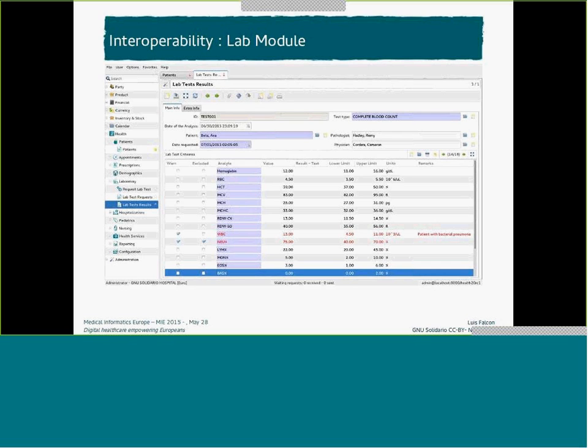And when a value coming from the lab is outside the range, you will have a color that allows you to see where we are having each of the issues, where we want to focus. You can also make comments on those specific analytes.